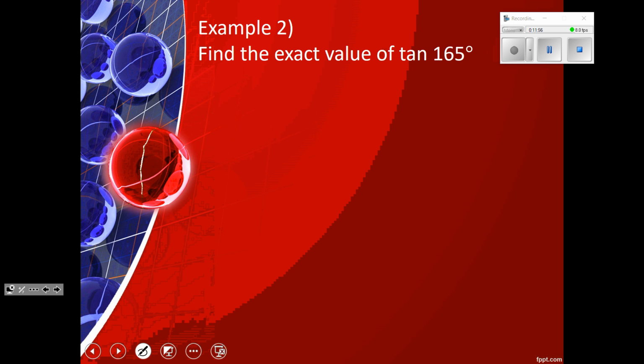Okay, so that's the one we're going to use. Either one should work. So this is the tangent of u over 2, and it's going to be the sine of u over 1 plus the cosine of u. Now, you've got to decide what tangent of 165, that's the half angle that I'm looking for. So what does that make u?